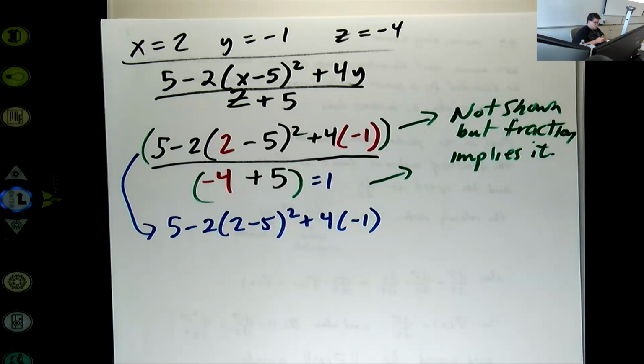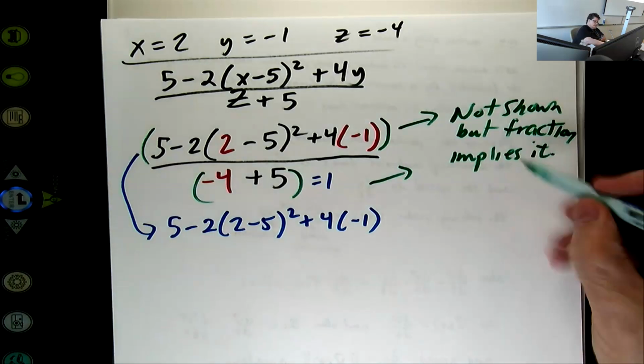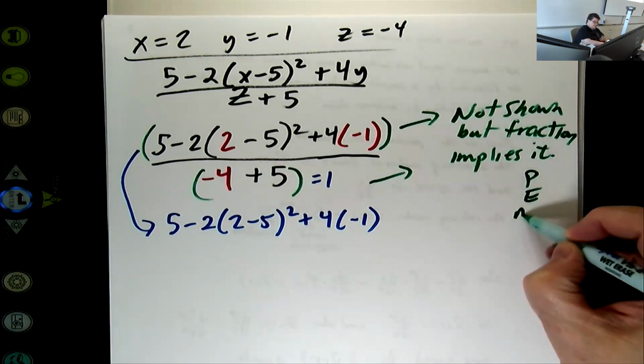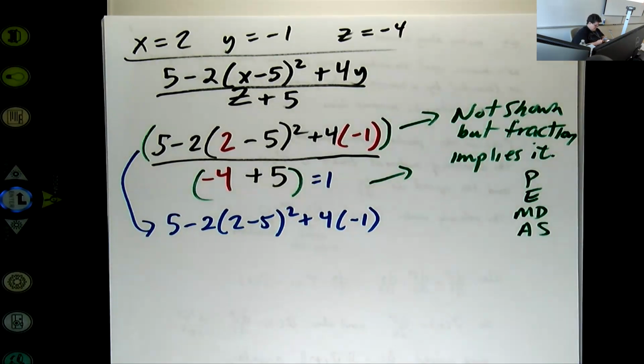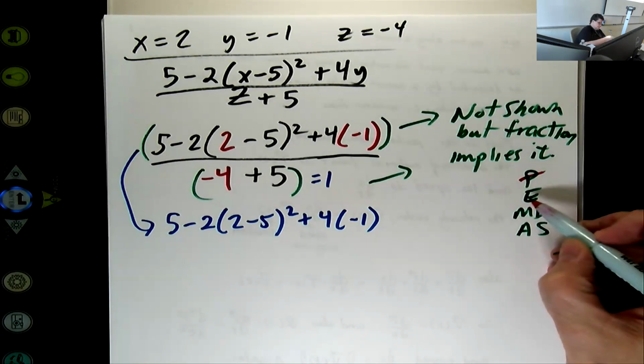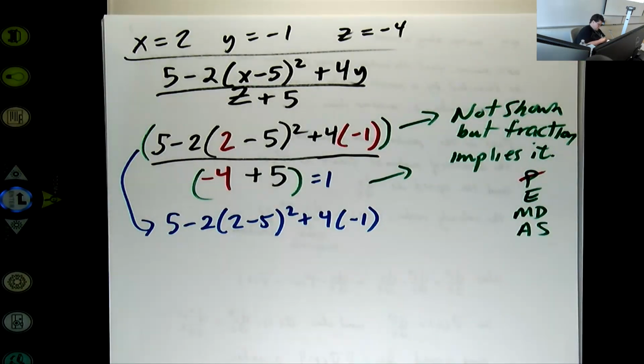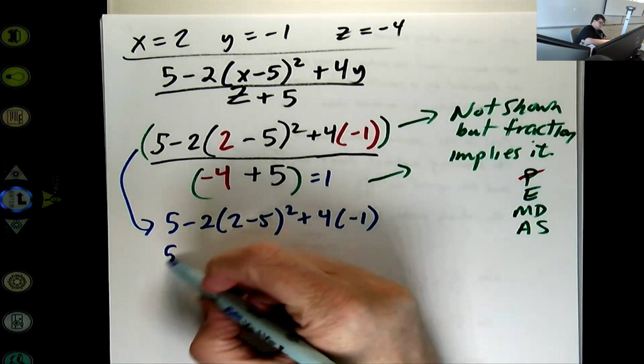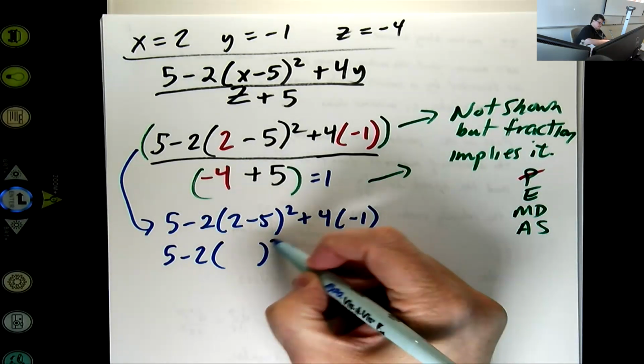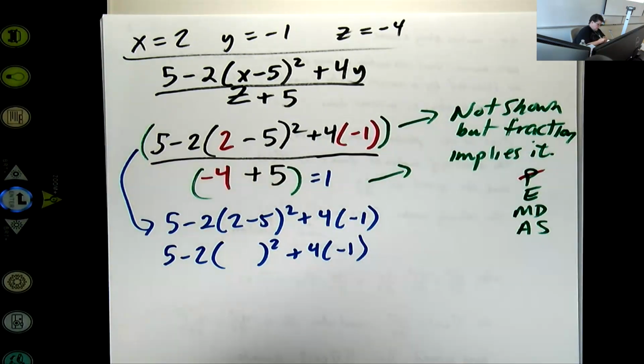Now I don't even need that parentheses thing because I dealt with the bottom. We're still following PEMDAS, don't forget that. So the next one is exponents. So 5 minus 2. Two minus 5 is -3.